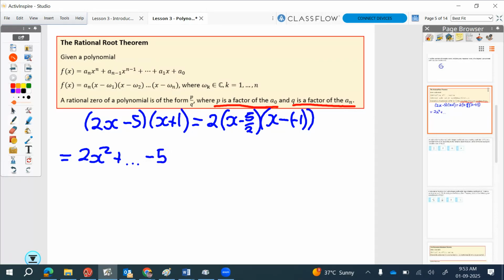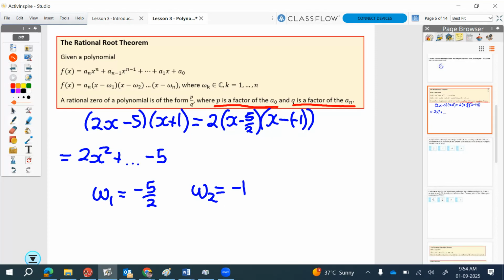So expanding this expression, I don't need the middle term, I need the first term and the last term, so I can use the ellipsis notation just to be lazy. And what it means is, what are our roots? Our roots are 5 over 2, this is omega 1, and omega 2 is equal to negative 1. So these are the rational roots of this polynomial.